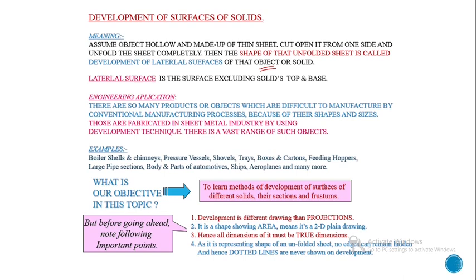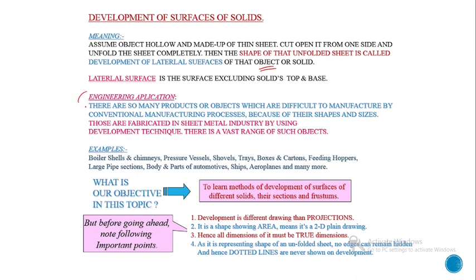And there are so many engineering applications for this development. There are so many products or objects which are difficult to manufacture by conventional manufacturing processes because of their shape and sizes. Those are fabricated in the sheet metal industry by using the development technique. There is a vast range of such objects.